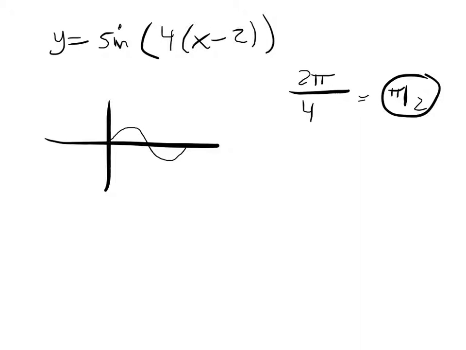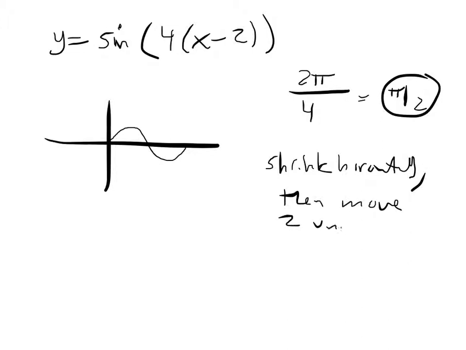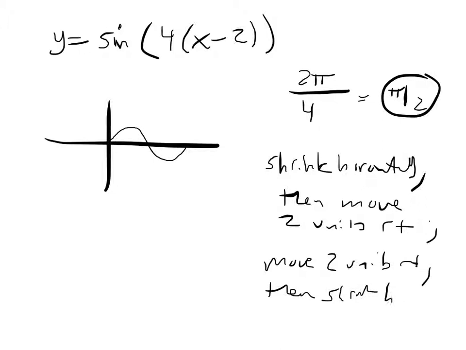In other words, do I shrink horizontally and then move 2 units right, or do I move 2 units right, then shrink horizontally? So, grab your calculator, make sure you're in radian mode, and see what you get. And then come back.